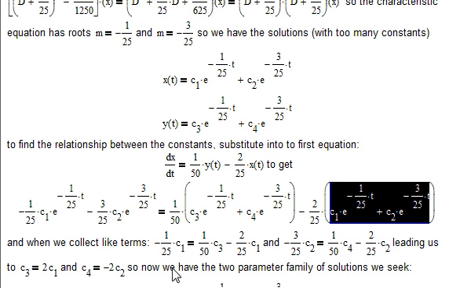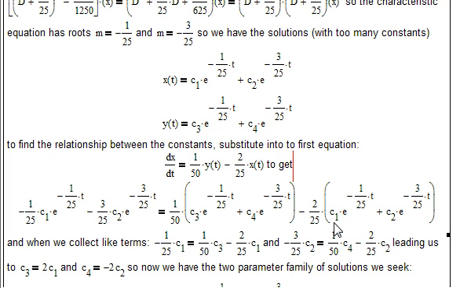And when we collect the like terms, actually, the like terms that have e to the negative 1/25 t, we get negative 1/25 C1 equals 1/50th C3 minus 2/25 C1.